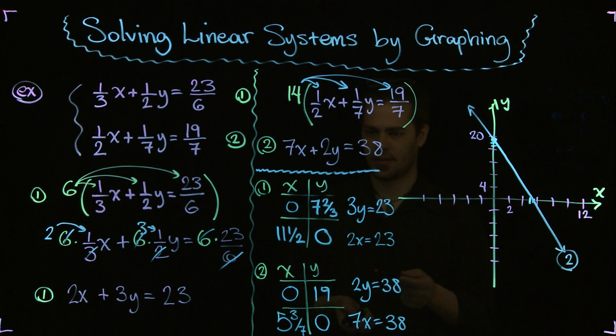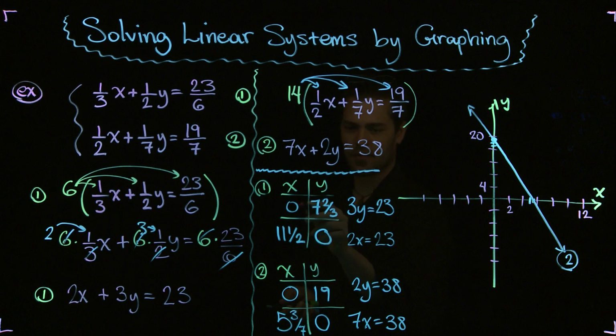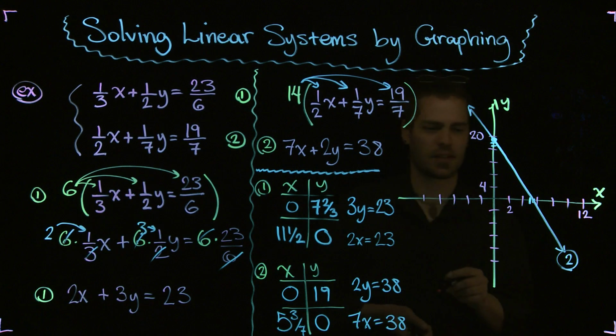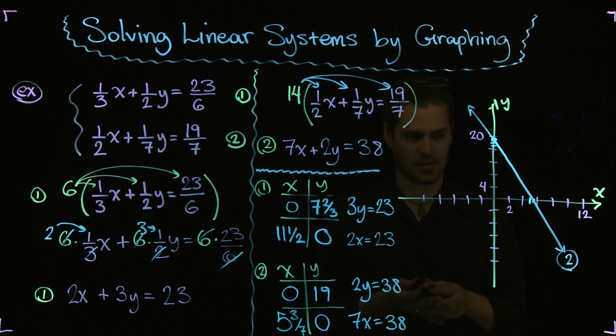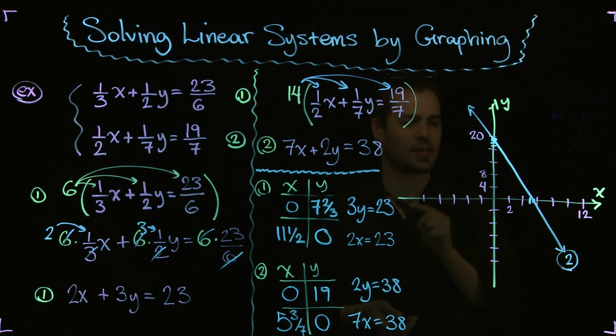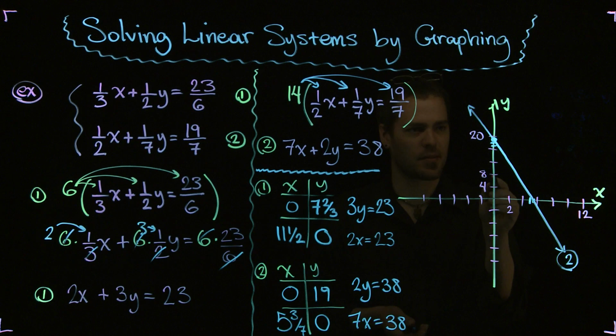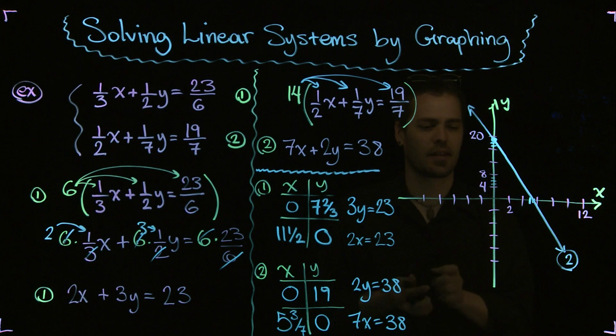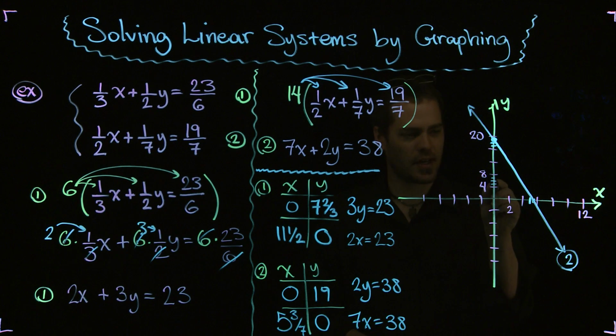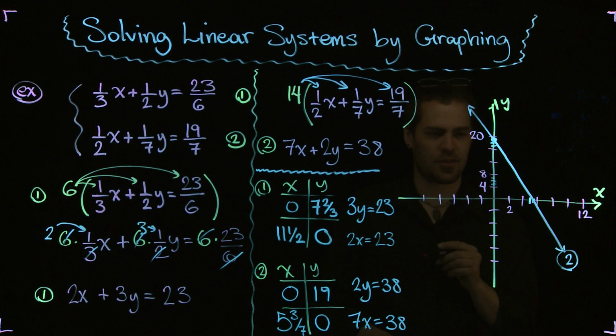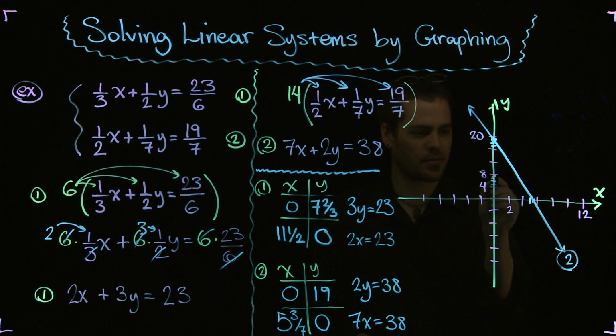Now let's take a look at equation number 1. The y-intercept is 7 2/3. Okay, so this is 4. That's 8. So 7 is somewhere in between there. Remember, I can separate these into 4 little pieces. I'll do it with this one. Okay, so here's 4, 5, 6, 7, and 2/3 is about right there.